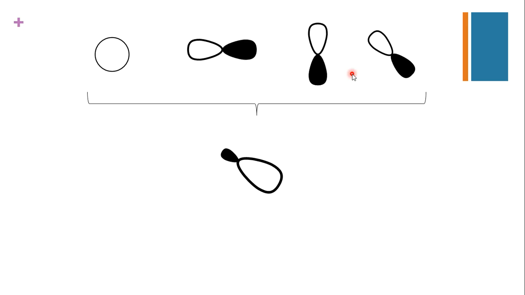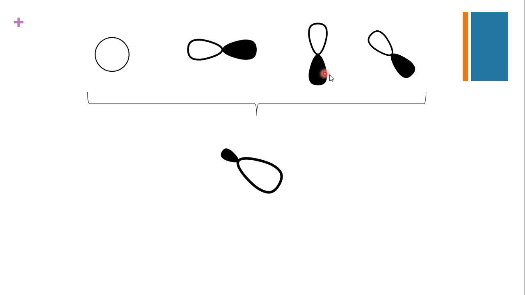When these orbitals come together, when these waves come together, there's going to be a region where they come together in phase, and that's going to be constructive, things get bigger. And there's going to be an area where they come together out of phase, and that's going to be destructive, things get smaller.